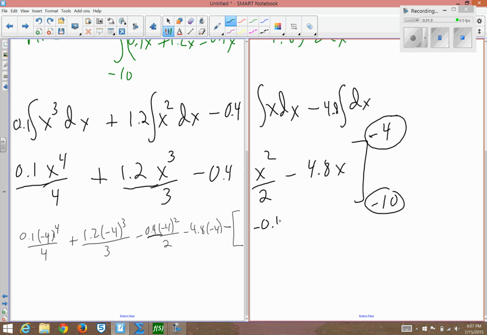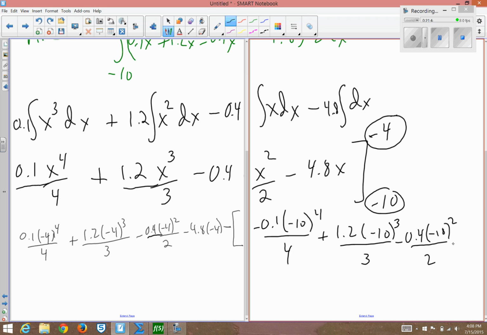Negative 0.1 times negative 10 to the fourth over 4 plus 1.2 times negative 10 to the third over 3 minus 0.4 times negative 10 squared over 2 minus 4.8 times negative 10.